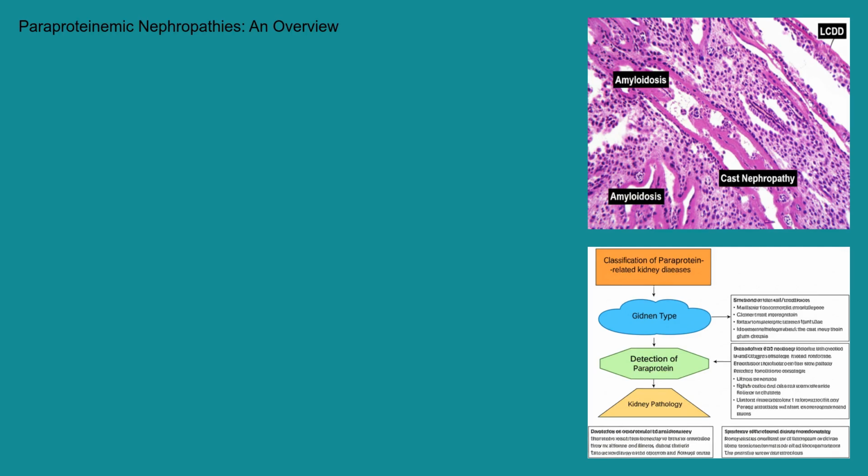Some of the more common types include amyloidosis, where paraproteins misfold and deposit as amyloid fibrils in the kidneys; light chain deposition disease, characterized by the deposition of immunoglobulin light chains in various kidney structures; cast nephropathy, where light chains precipitate in the tubules, forming obstructing casts; glomerulonephritis with monoclonal immunoglobulin deposits, where monoclonal immunoglobulins deposit in the glomeruli, triggering inflammation; and cryoglobulinemic glomerulonephritis, associated with cryoglobulins that precipitate in the cold and damage the kidneys. Accurate classification is critical for tailored treatment strategies.